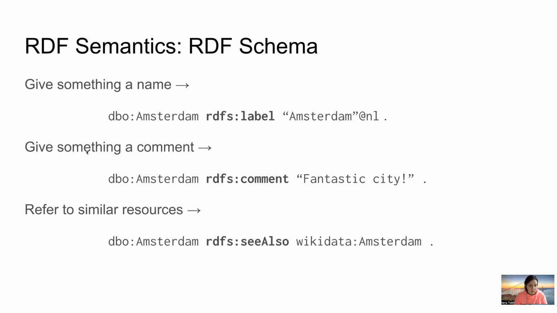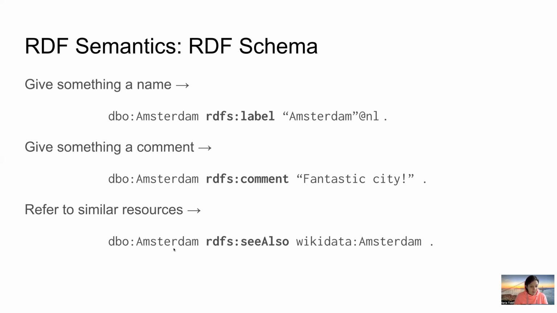We use RDF schema to comment on something. For example, Amsterdam has a comment: it's a fantastic city. And then we can also use RDF schema to refer to similar resources, for example rdfs:seeAlso.